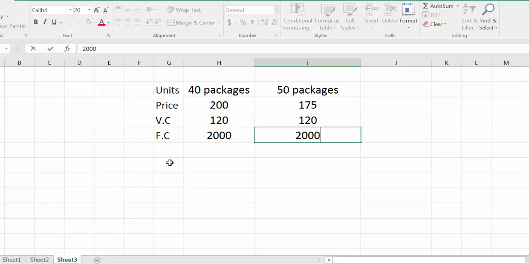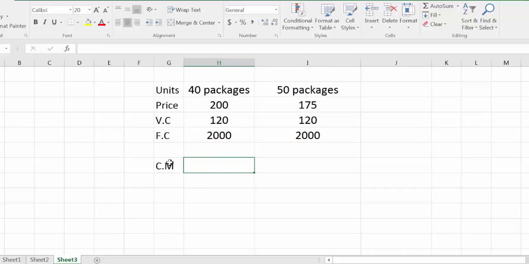So now let's compare the contribution margin in total. For 40 packages, the contribution margin total is 40 packages multiplied by the contribution margin per unit, so 200 minus 120. The result is 3,200.